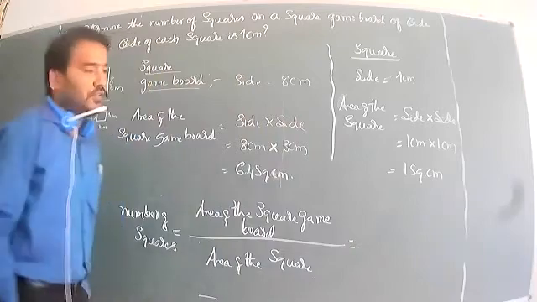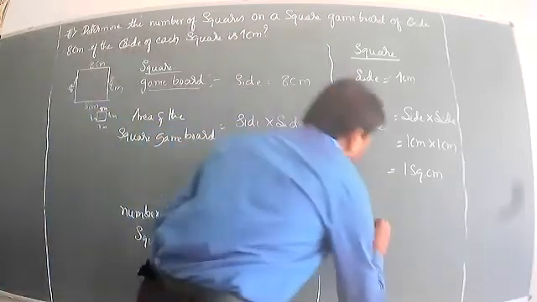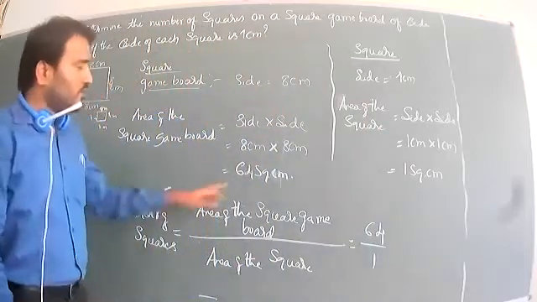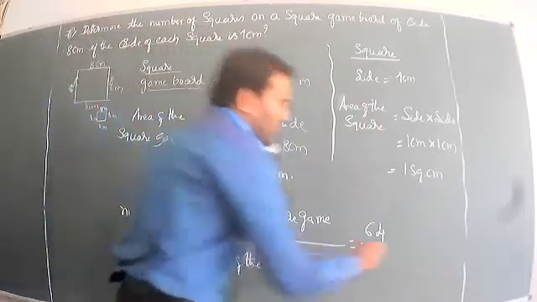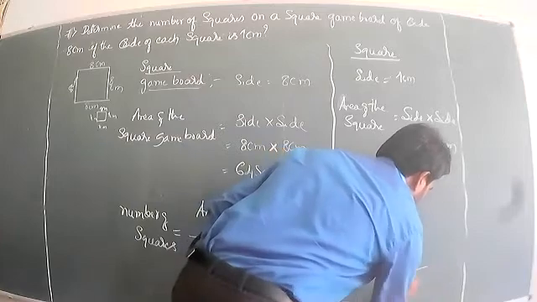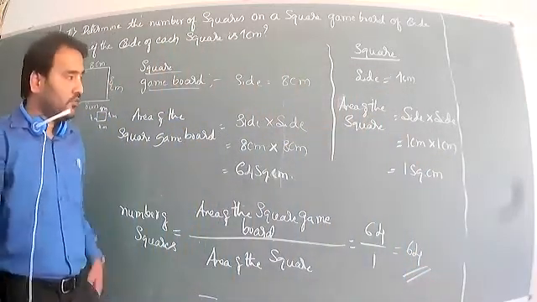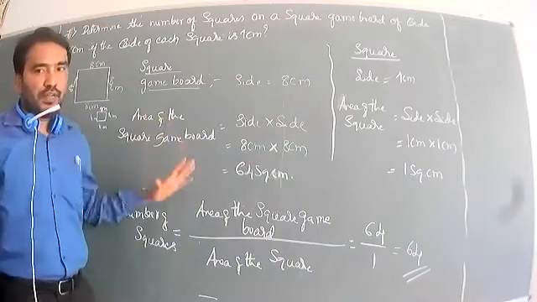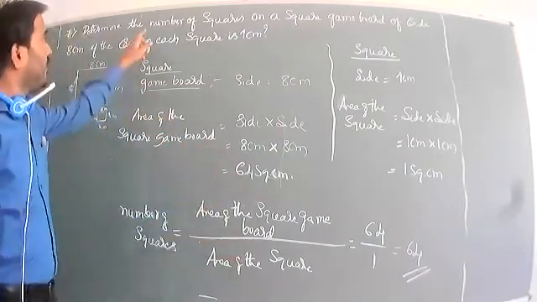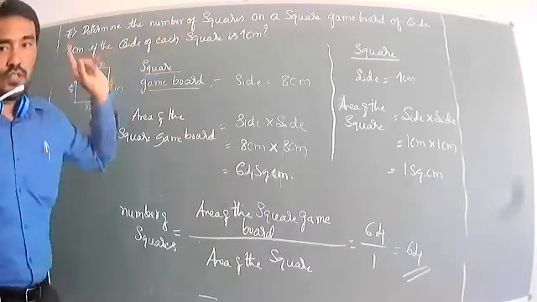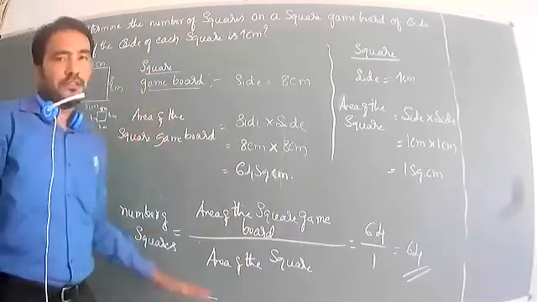So here 64 by 1. What is the value? 64. So the answer is 64. Totally 64 squares are required. Okay, this is the answer.